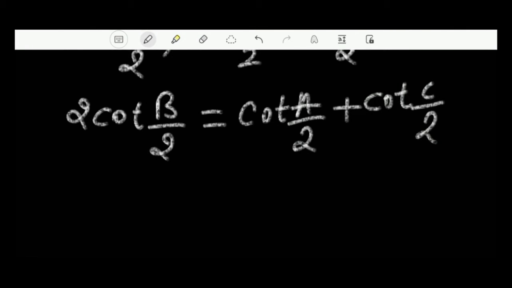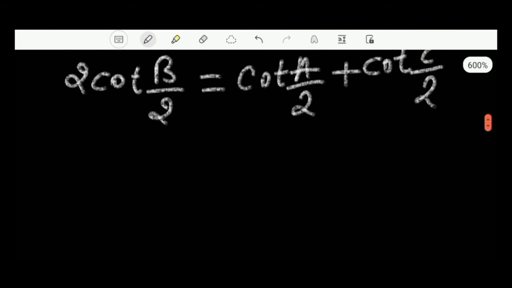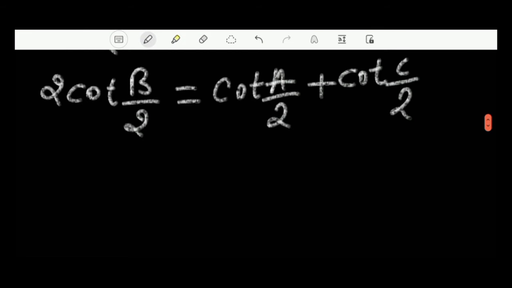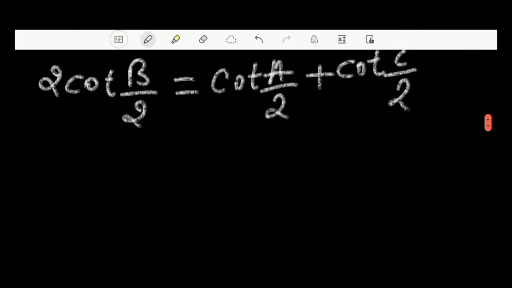And now I'm going to use the formula that we know for any triangle. So this is our formula in term of a tan, so we can transform it in term of cot, of course. And so let's start transforming it.